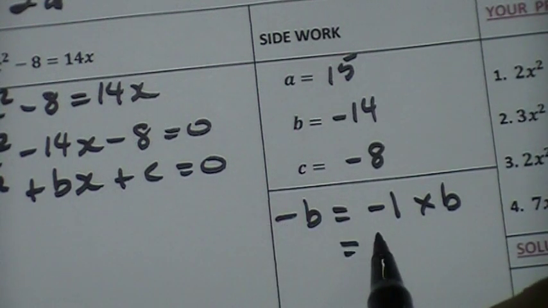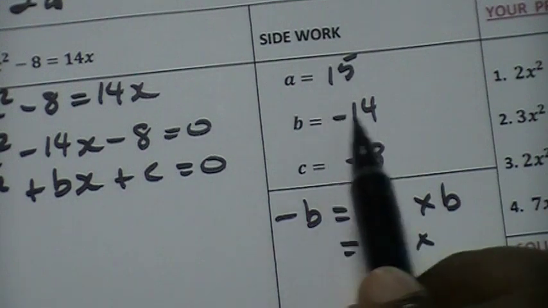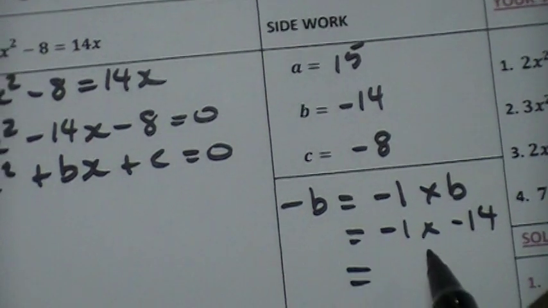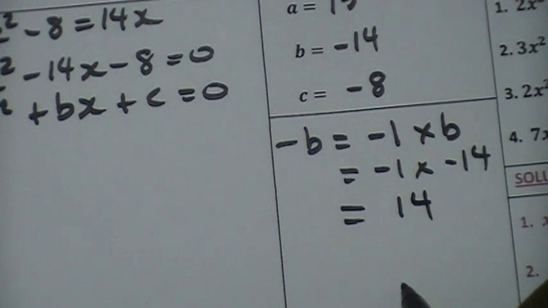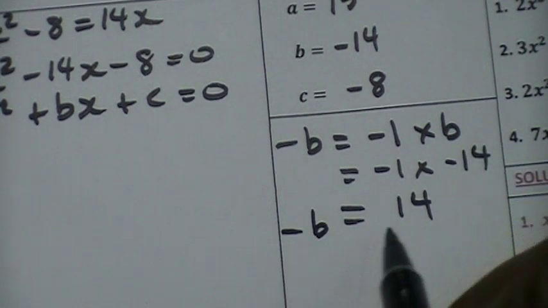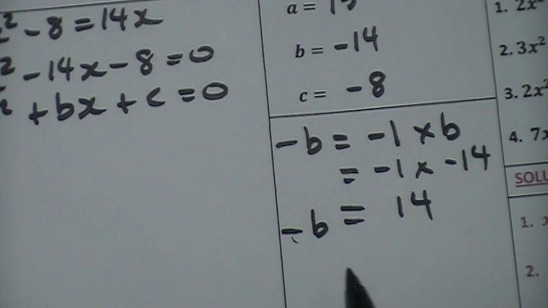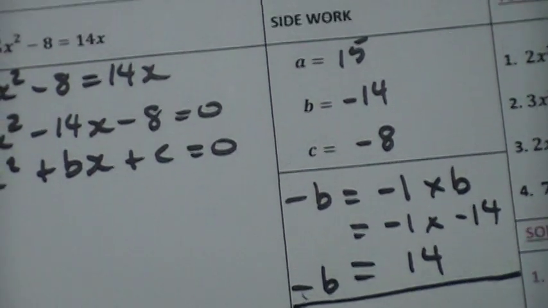The value of b here is negative 14. Multiplying that gives us positive 14. So I will replace negative b with 14.